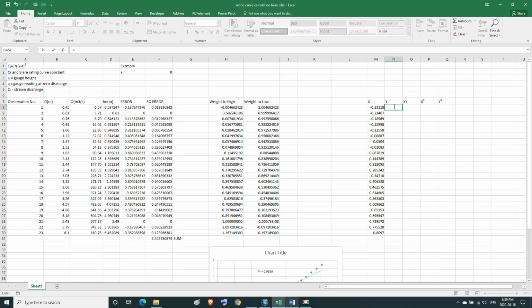Then we calculate the value of y by taking the logarithm of the discharge values as we see.